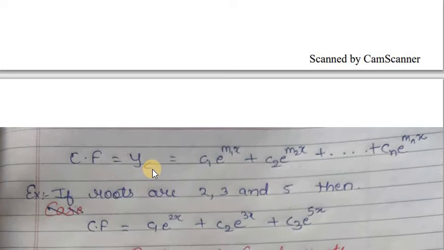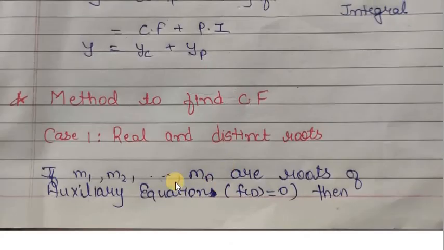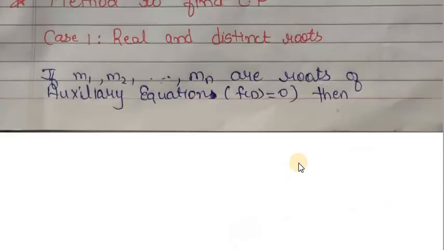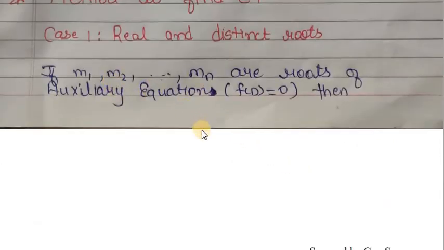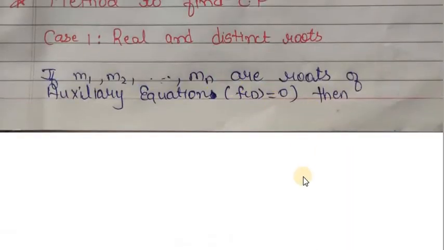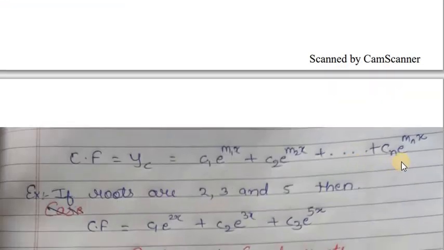CF yc will be c1 e^(m1x) + c2 e^(m2x) + c3 e^(m3x) + ... + cn e^(mnx).